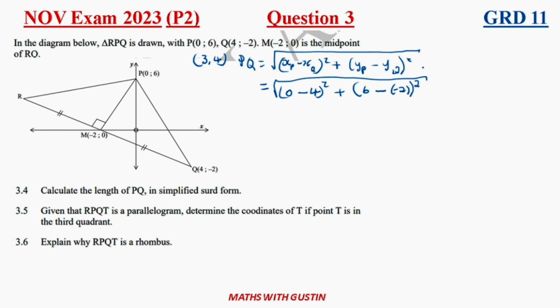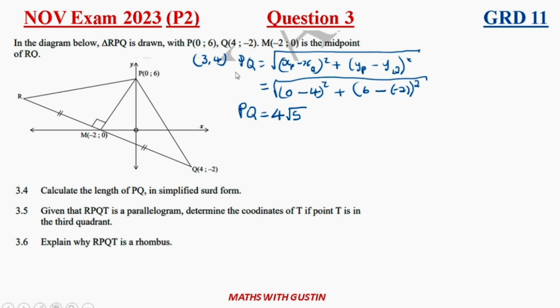Always put it in brackets. Therefore, if we put that, then we can go straight into our calculator, punch that in. Let me see what I'm going to get. I'm getting, let me know what you're getting, guys. I'm getting 4 square root of 5. Here we go, 4 square root 5.